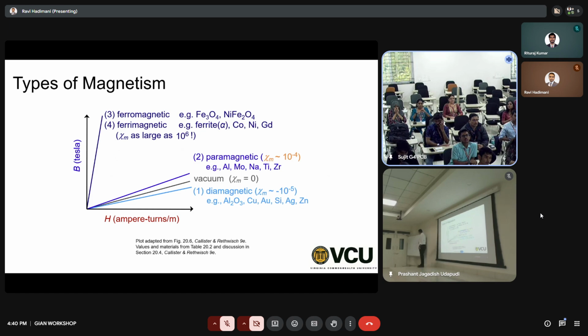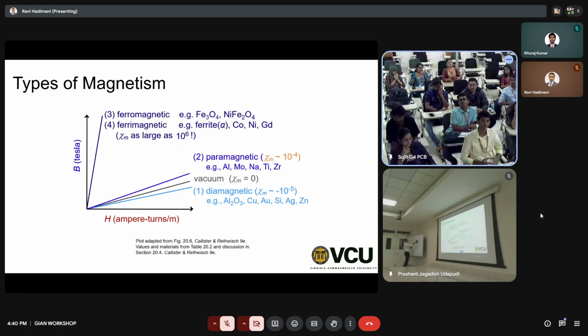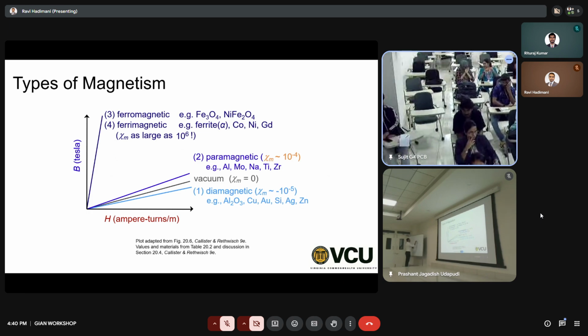Whereas H here is the axis. Maybe let me neatly write it so that you can see. I'll write para to understand paramagnetic. Dia and ferro.